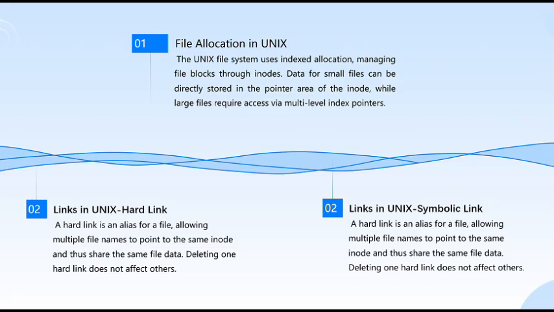First is hard link. Hard links are aliases pointing to the same inode. Multiple names share the same data, and deleting one link does not affect the others. And then is symbolic link. Symbolic links store a reference to the target file's path. If the target is deleted, the link becomes invalid.